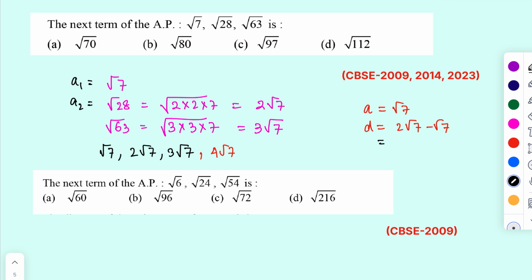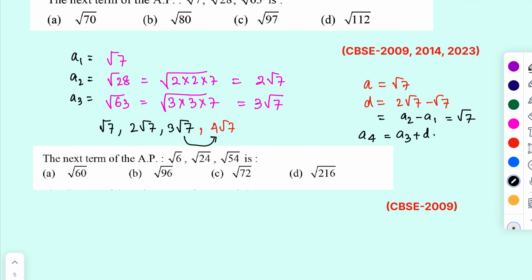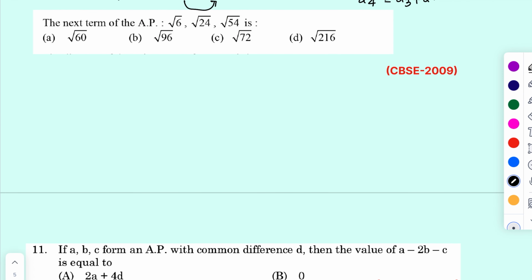First one is a1, second one is a2, third one is a3. So a2 minus a1 or a3 minus a2 you can take also. We will get d equal to root 7. So the fourth term will be equal to the third term plus the common difference. a4 will be equal to a3 plus d. That is 3 into root 7 plus root 7, that is 4 into root 7.